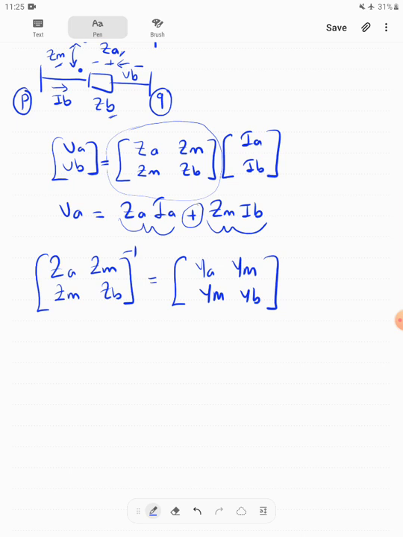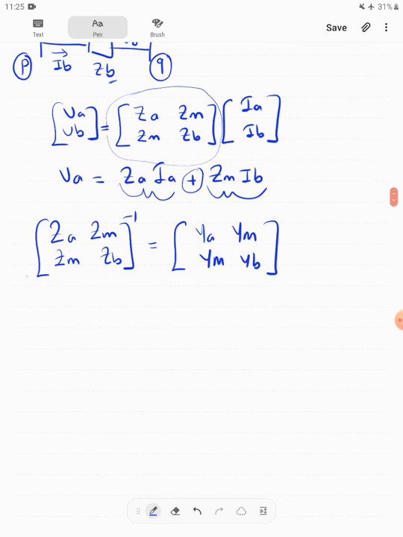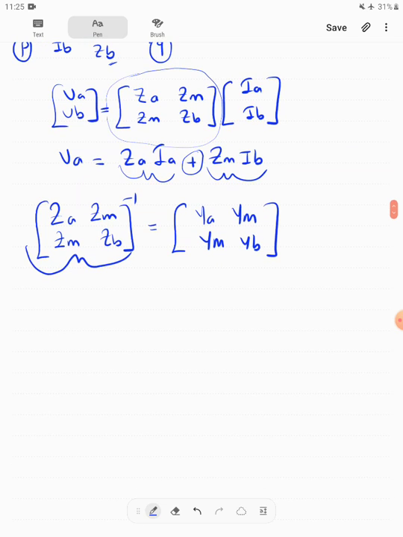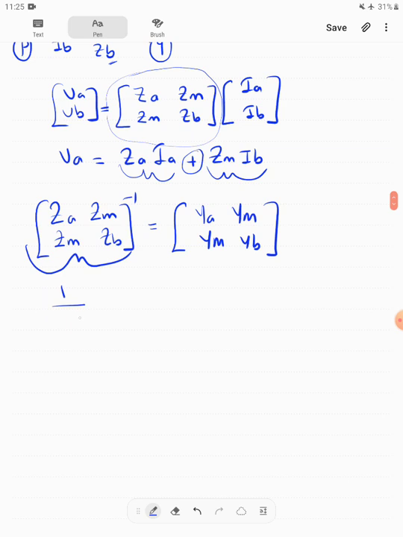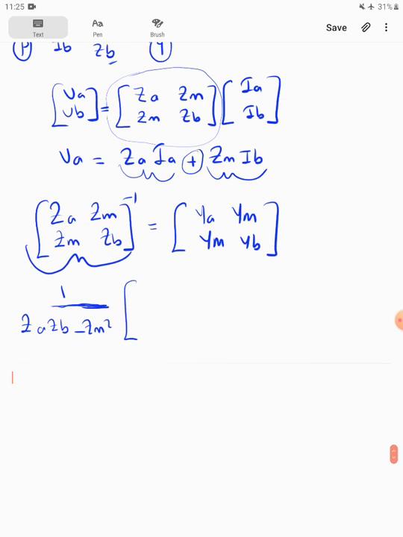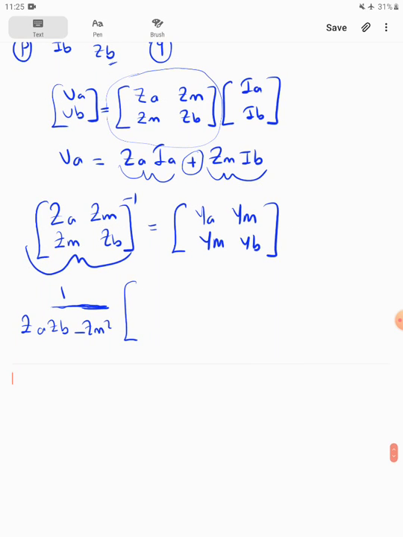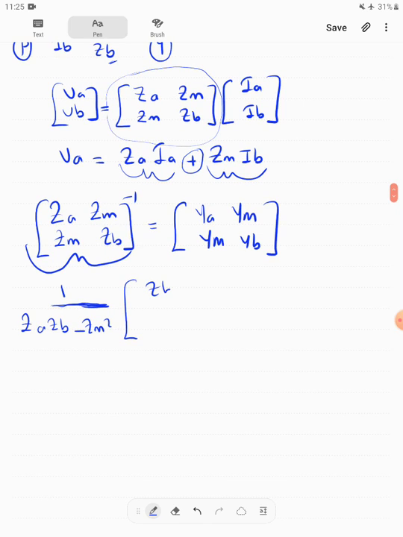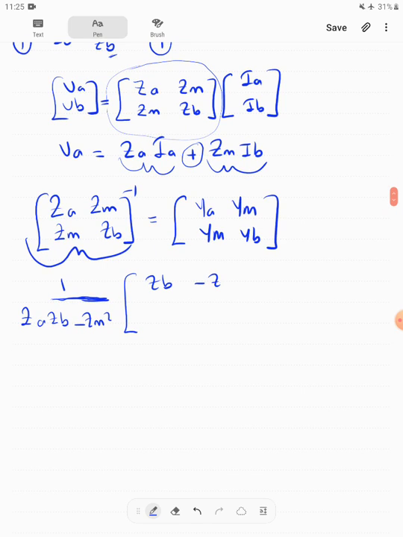If we take the inverse of this 2 by 2 matrix, we will find that 1 over ZA ZB minus Zm square multiplied by ZB, minus Zm, minus Zm, ZA.